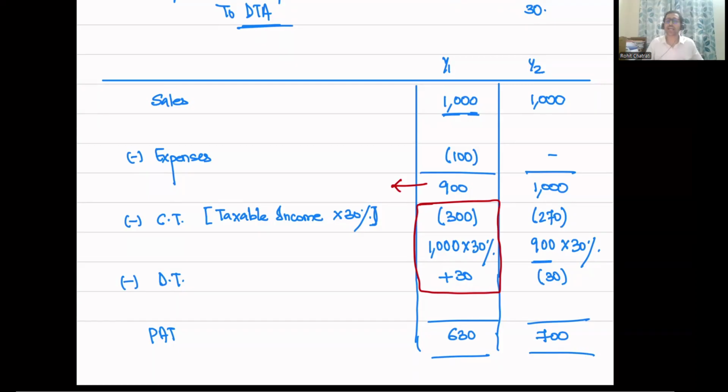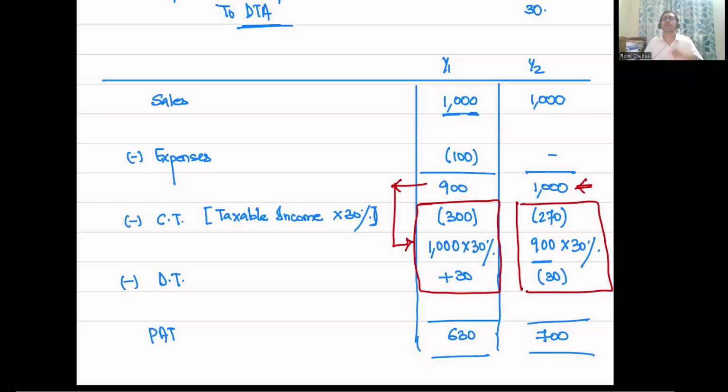The total tax expense, which is current tax plus deferred tax, is going to be equal to book profit, or profit before tax, multiplied by 30 percentage. So that is the relationship between the book profit and total tax expense. Same way for year two also, the total tax expense is actually 270 plus 30, which is equal to 300. That 300 is nothing but profit before tax of 1000 multiplied by 30 percentage.